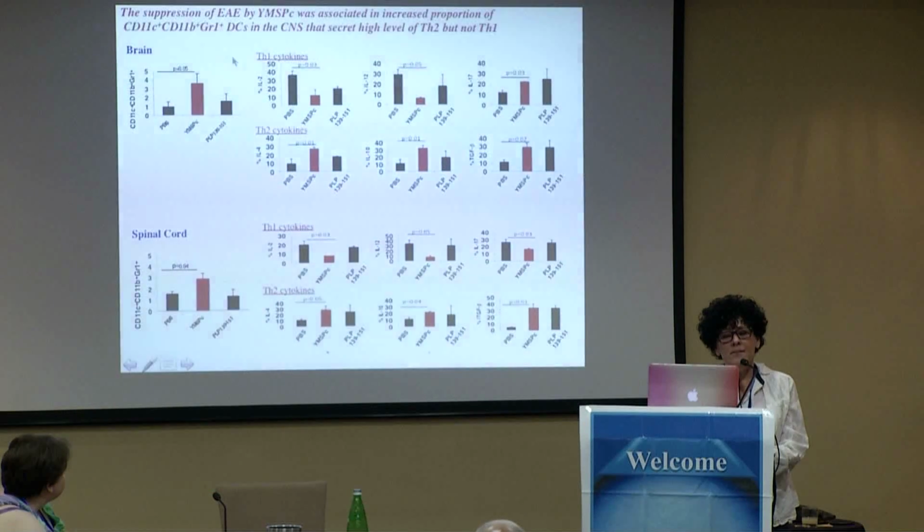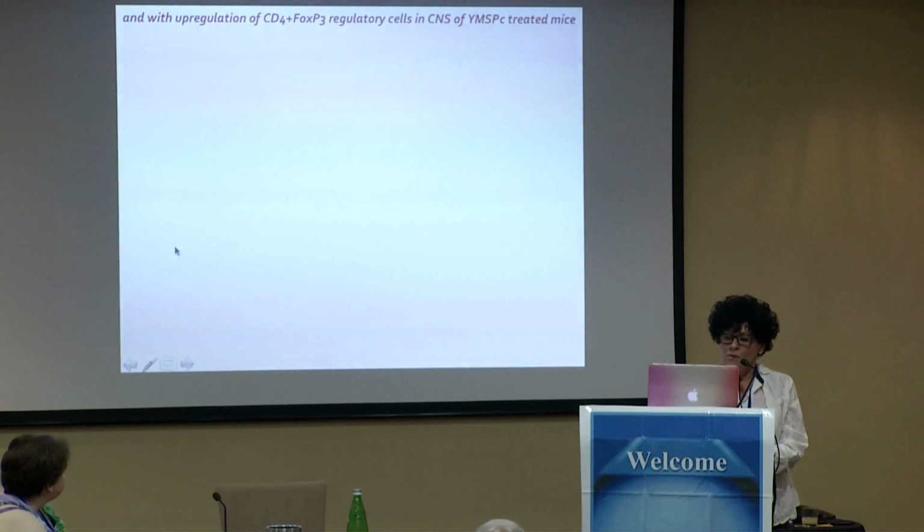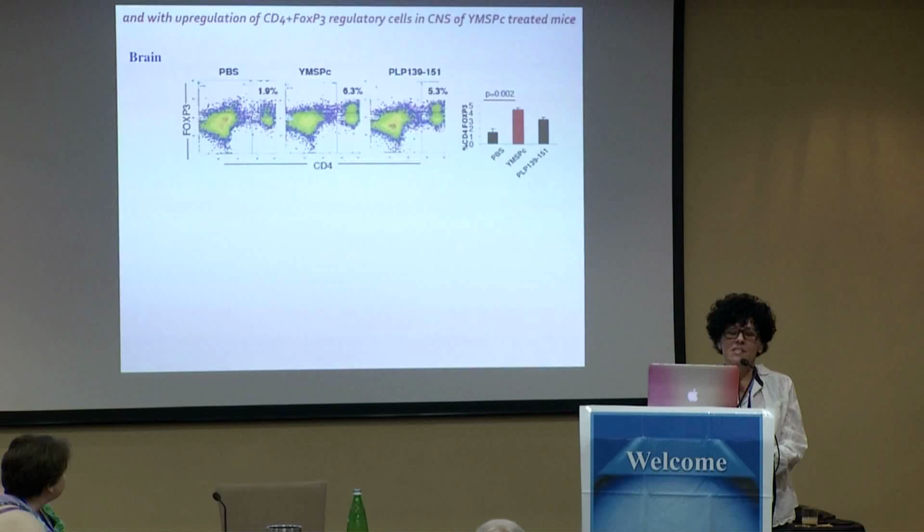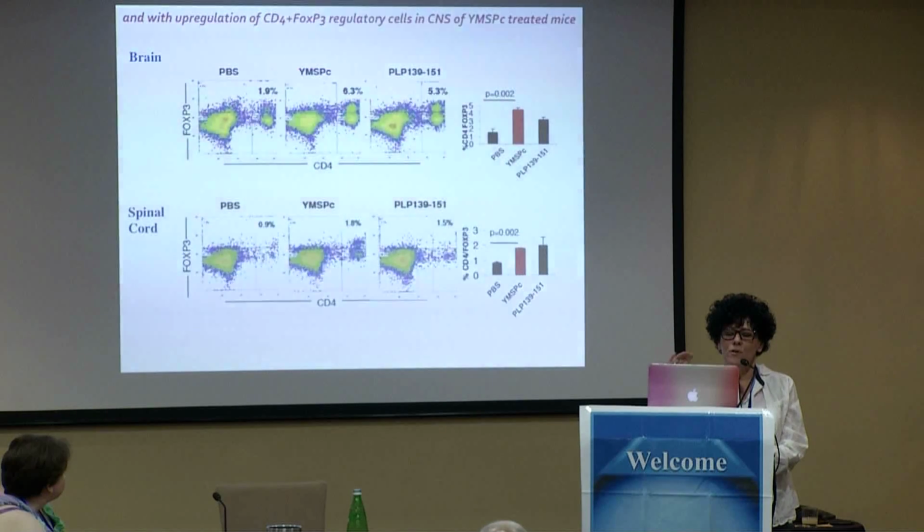And you can see it both in the brain and in the spinal cord. And moreover, administration of YMSPC resulted in significant upregulation of CD4 FOXP3 regulatory cells in the CNS.